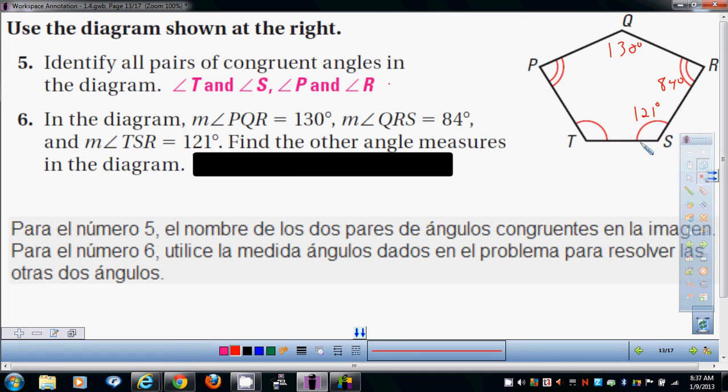It says if PQR is 130, QRS is 84, and TSR is 121, find the other angle measures. Well, all you have to do is find its matching loop. Andrew, what would angle T be in this picture? What would this measure be? Angle T would have what measure in this picture? 121. Very good. And what would angle P be?